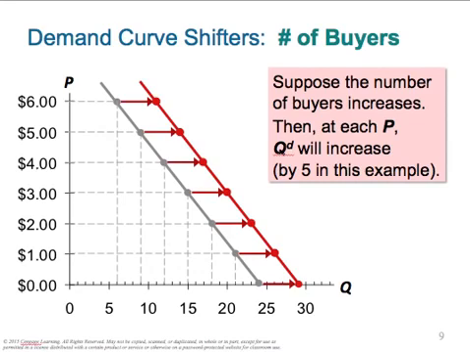Here we're talking about a shift of the curve from an increased quantity of lattes purchased at each price. So this is not movement up and down the curve. This is movement of the curve. The entire curve shifts rightward.